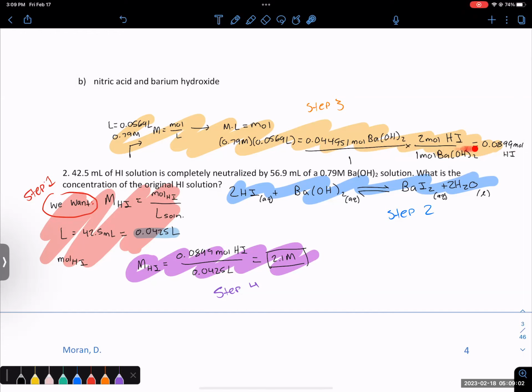So if we find moles of barium hydroxide, using the molar ratio of 2-to-1, we get the moles of HI. And then from there, we go to step 4, which is just plug into our molarity equation. Plug and chug, exactly.